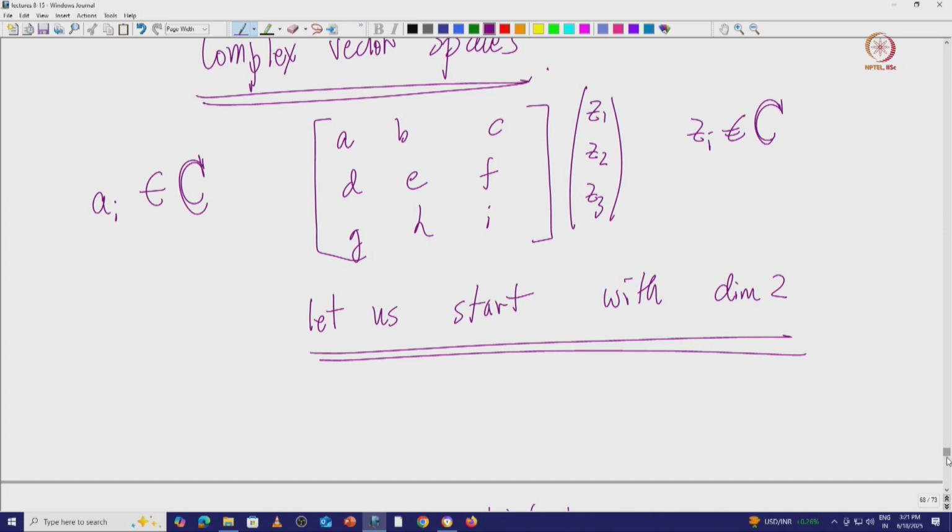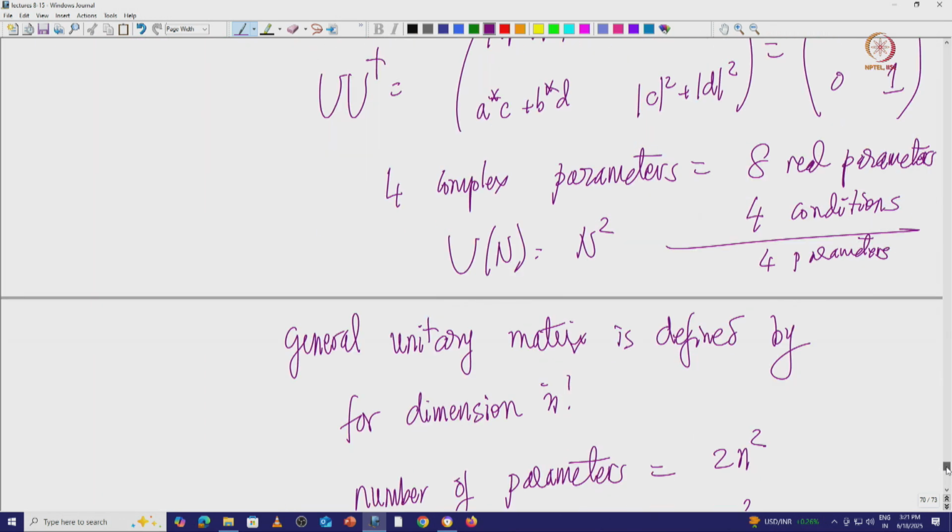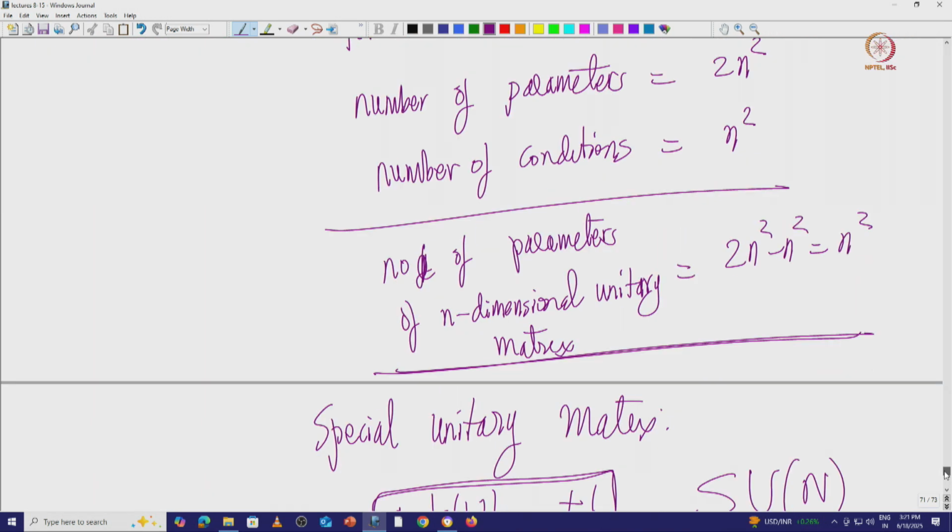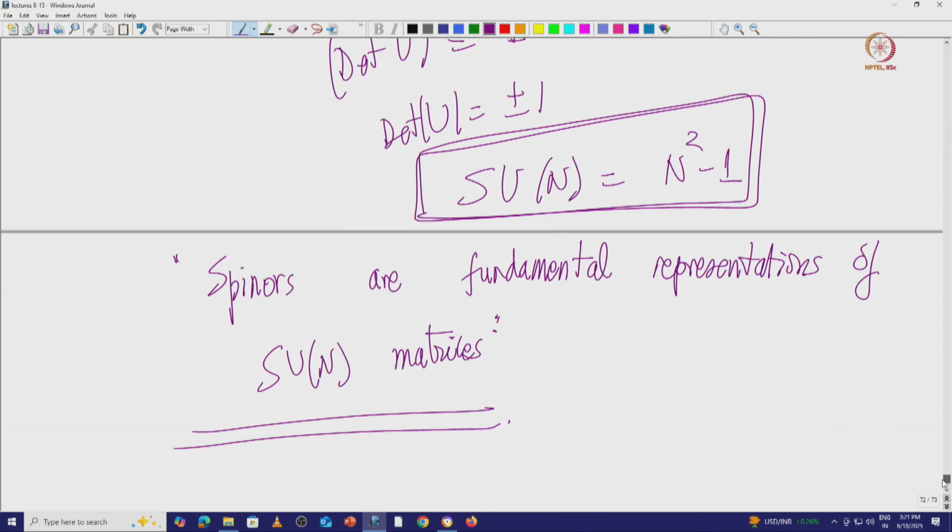With this we have defined the number of parameters. The transformations of unitary groups, the matrices, are representations of groups. So spinors are fundamental representations, or the vector spaces associated with SU(N) transformation matrices.